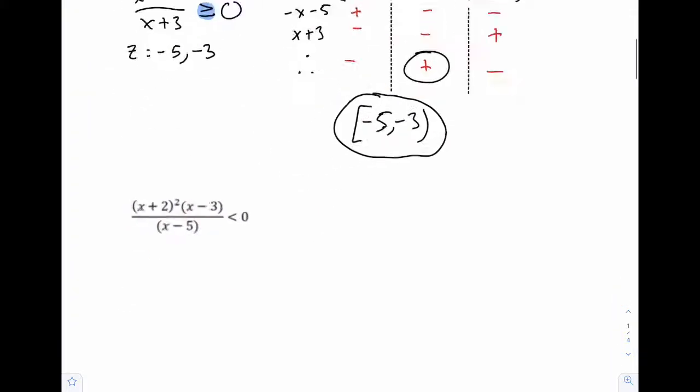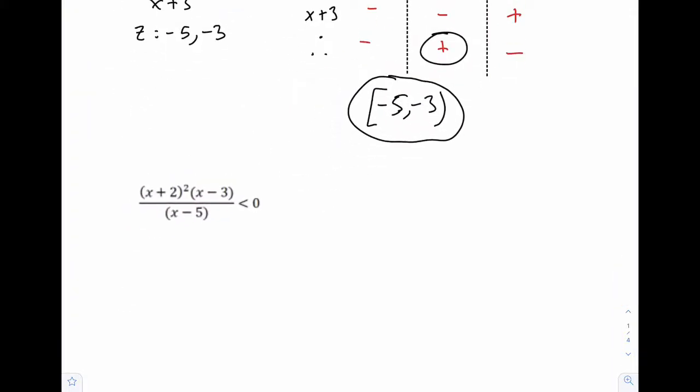Let's try a little harder one. From here, it's already factored, which is great, because that means I can just write my zeros right now. Negative 2, 3, and 5. Make your sign chart. Negative 2, 3, 5.